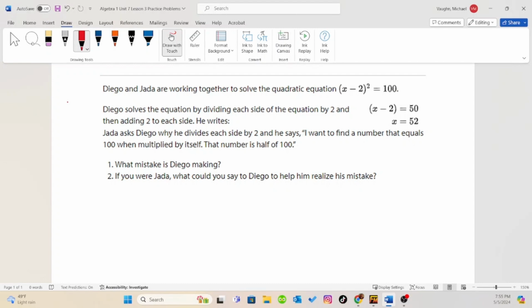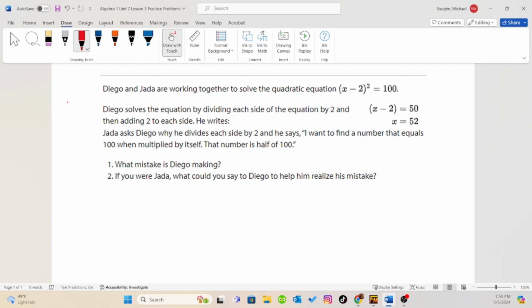In our last question on lesson 3, Diego and Jada are working together to solve the quadratic equation x minus 2 squared equals 100. Diego solves the equation by dividing each side of the equation by 2 and then adding 2 to each side.